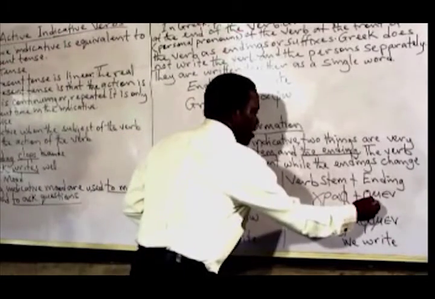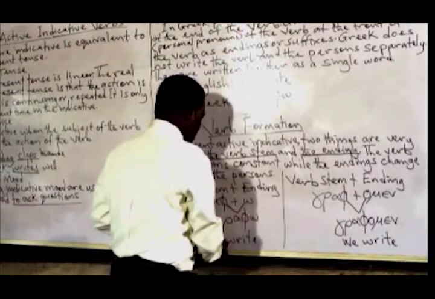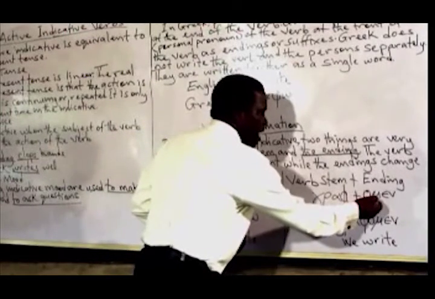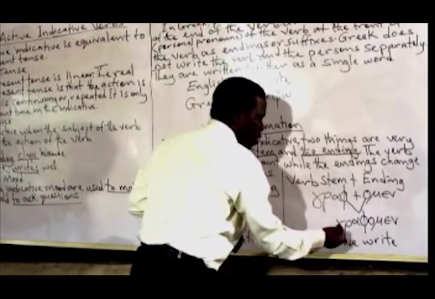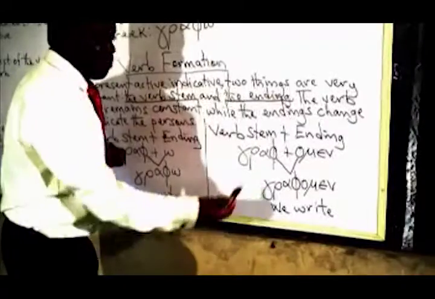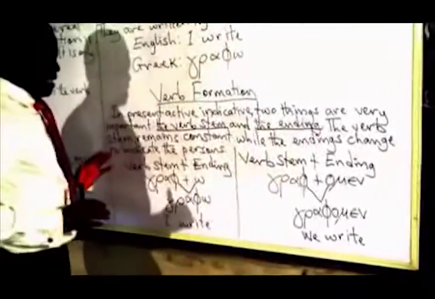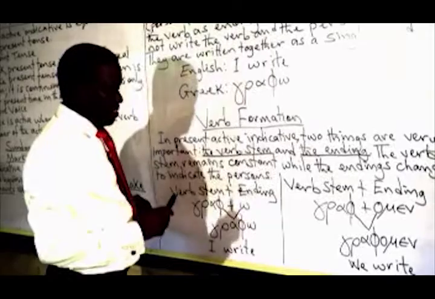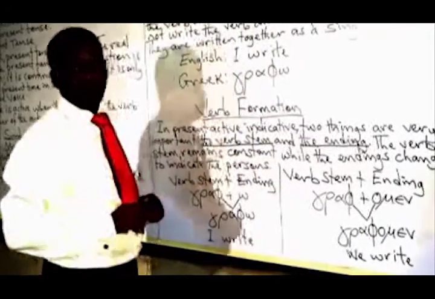But the ending changes. The ending here is O, which represents I in English, while the ending here is omen, which represents we in English. Now when we say graphomen, it means we write. Therefore, you notice that the verb stem is constant, while the endings change in order to indicate the persons.